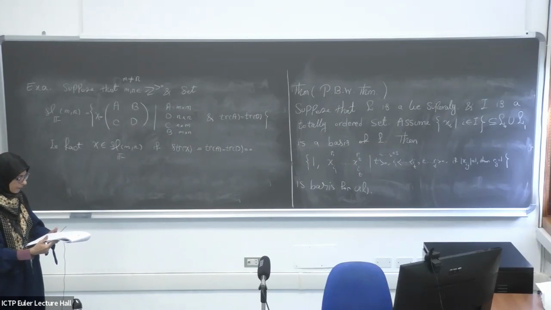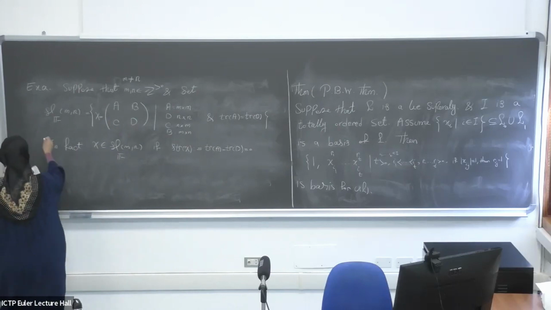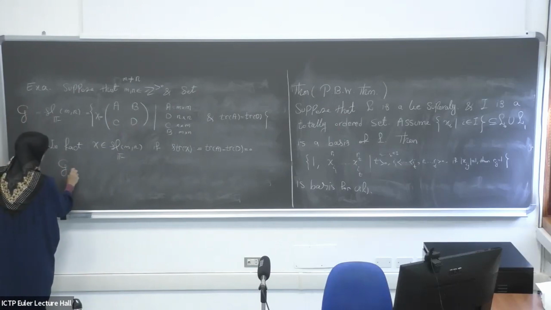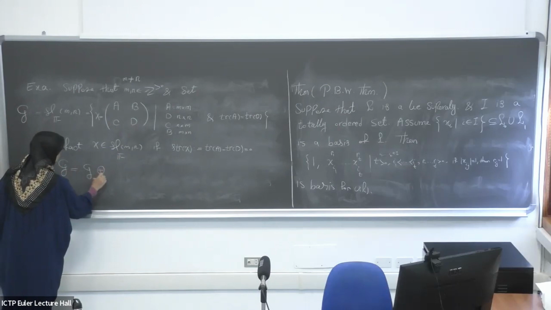Okay. And clearly, if I name it G, G is G0 direct sum G1.